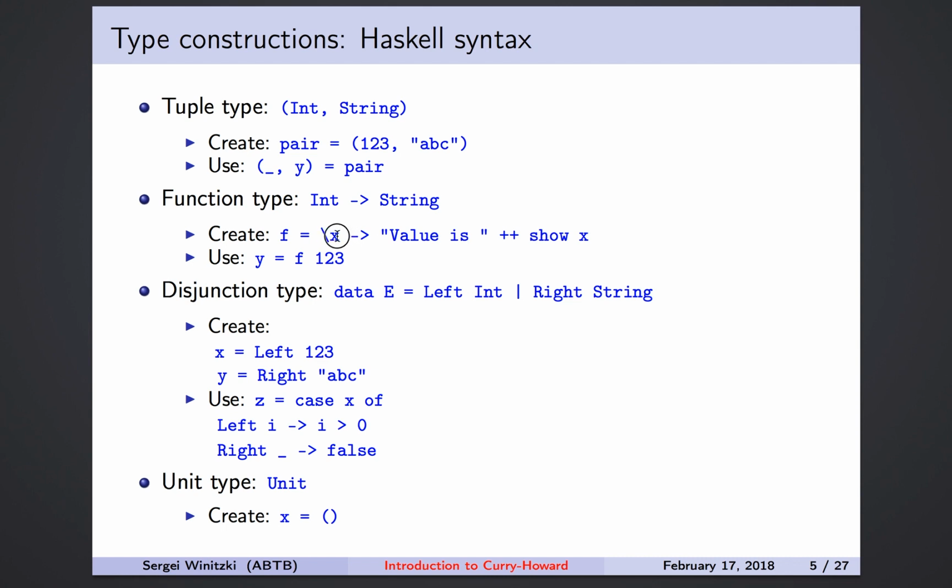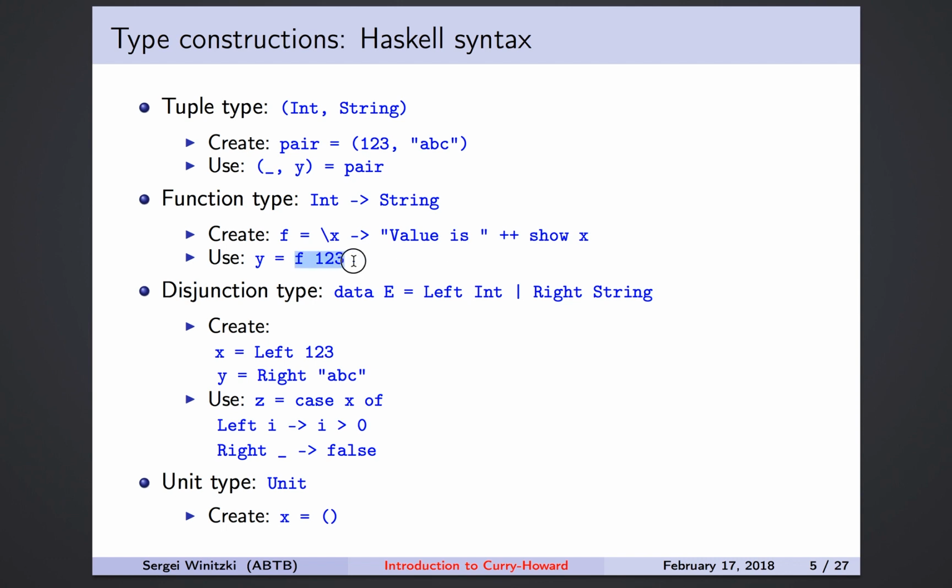And then you write your argument name, your arrow, and the function body. The function body uses notation without parentheses and with infix syntax. So ++ is the operation of concatenating the string with this string. Show is a standard library function that takes an argument and gives you a string out of it, similar to Scala's .toString.